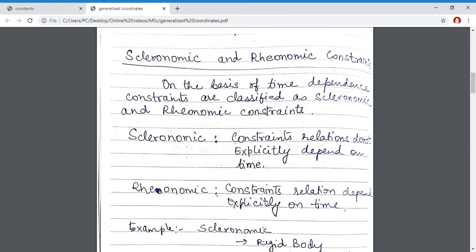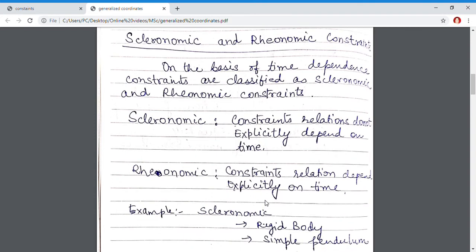Scleronomic constraints are the constraints which do not depend on time, as in a rigid body, there is no time dependence. The distance between the particles will always remain the same. Hence, a rigid body is an example of scleronomic constraint.